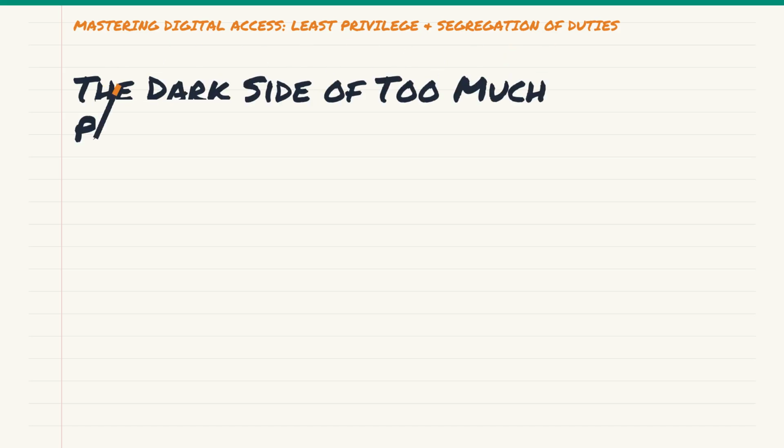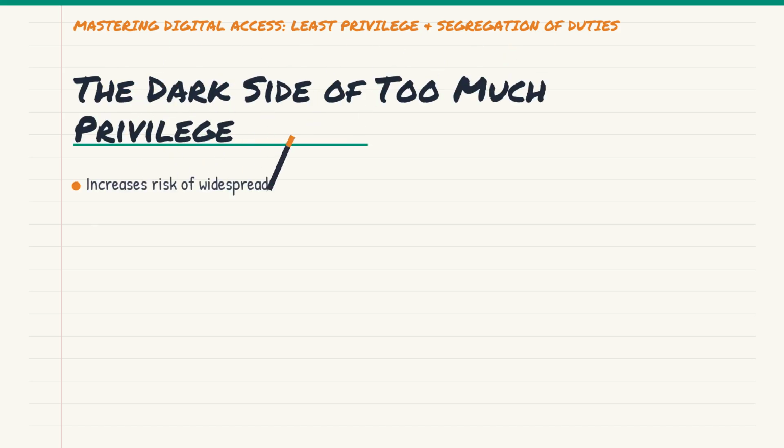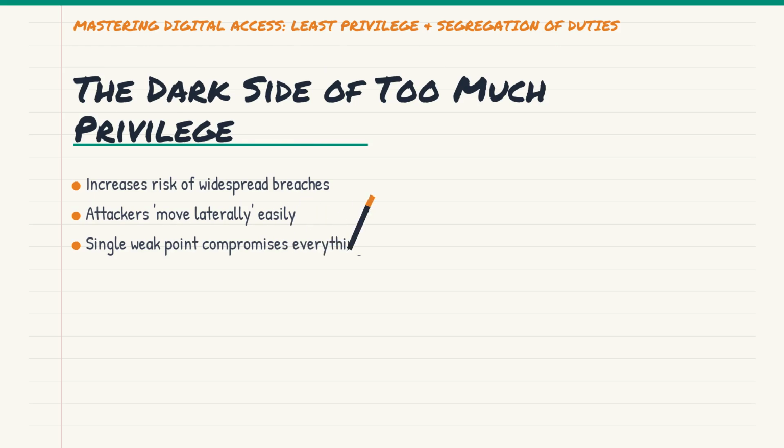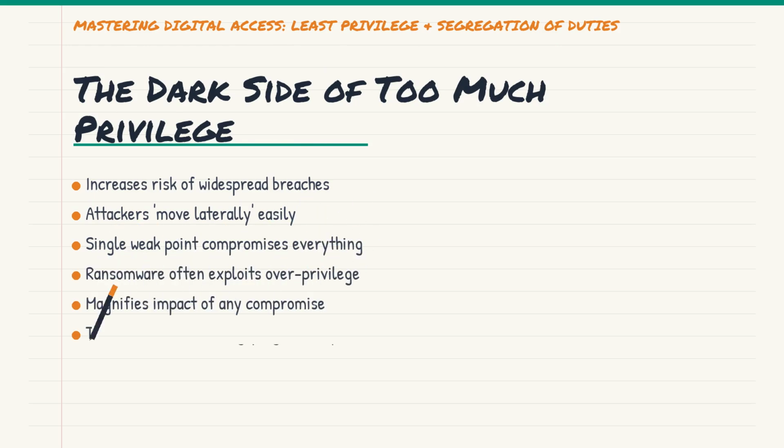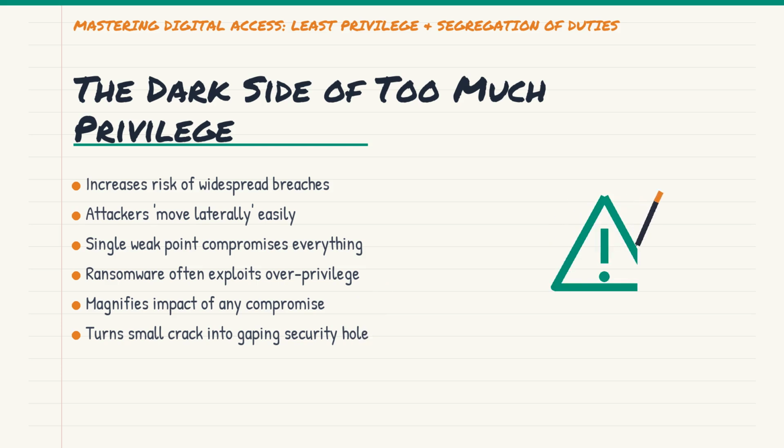What happens when we don't follow PoLP? Well, that's where things get scary. Think about breaches where attackers gain access through one weak point, then use that access to roam freely across the entire network. This is often because the initial compromised account had way too many privileges.